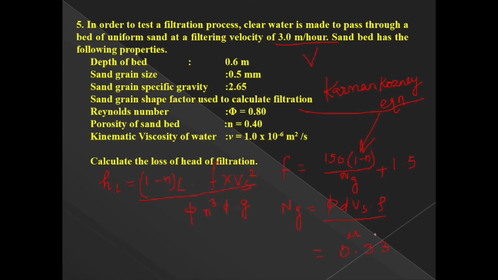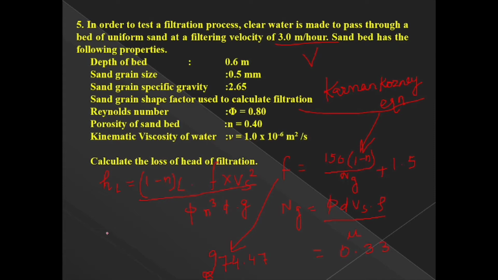So from here ng value is 0.33. Now we can calculate the value of f using the value of ng, and after putting all the data, I found the value as 274.47. Now we have the value of f, ng, diameter, n, d, g, f, vs, each and every data we have.